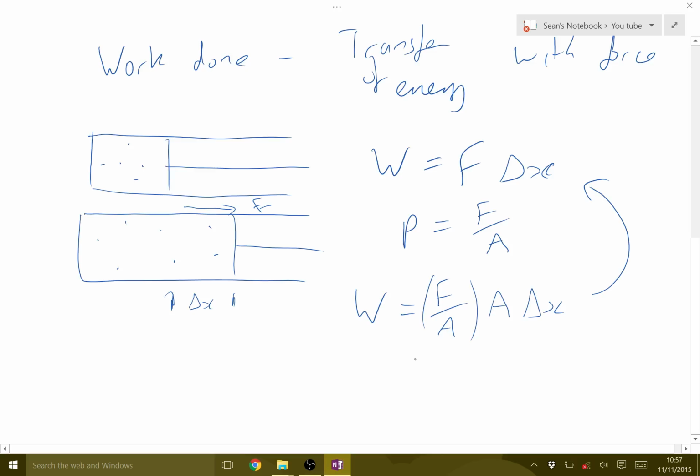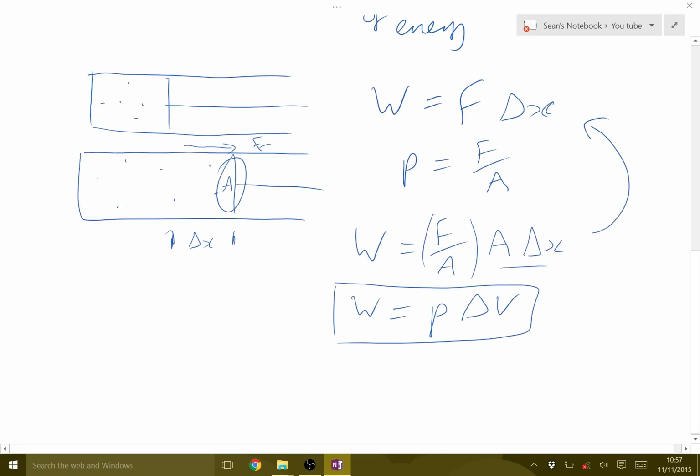The reason we do that is this. Force divided by area is pressure from this equation above, and then area times delta x. Our delta x is here, and it's multiplied by the area of this piston, and that is a change in volume. So it's delta V. So work done is pressure times the change in volume.